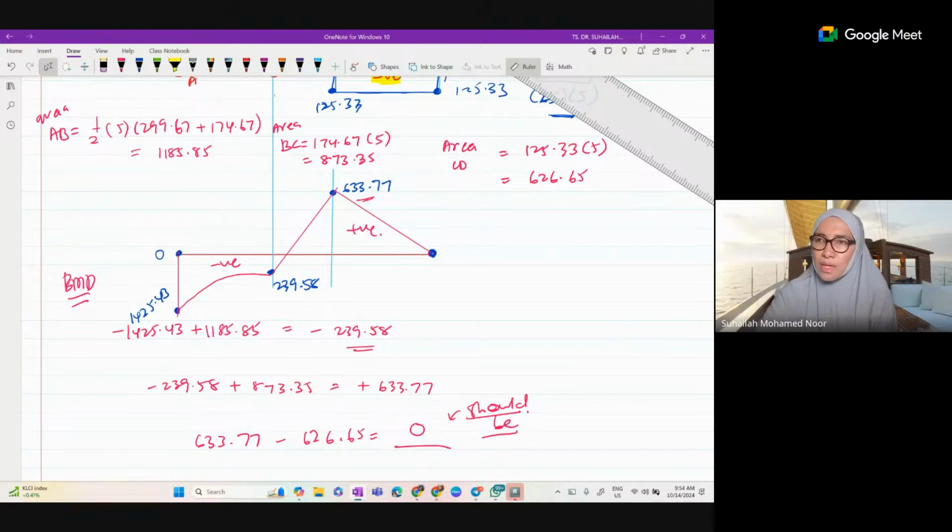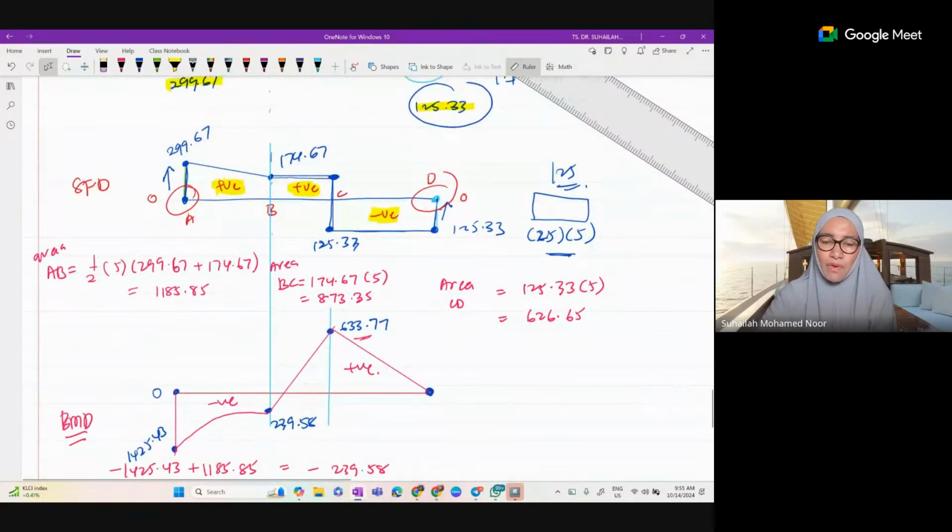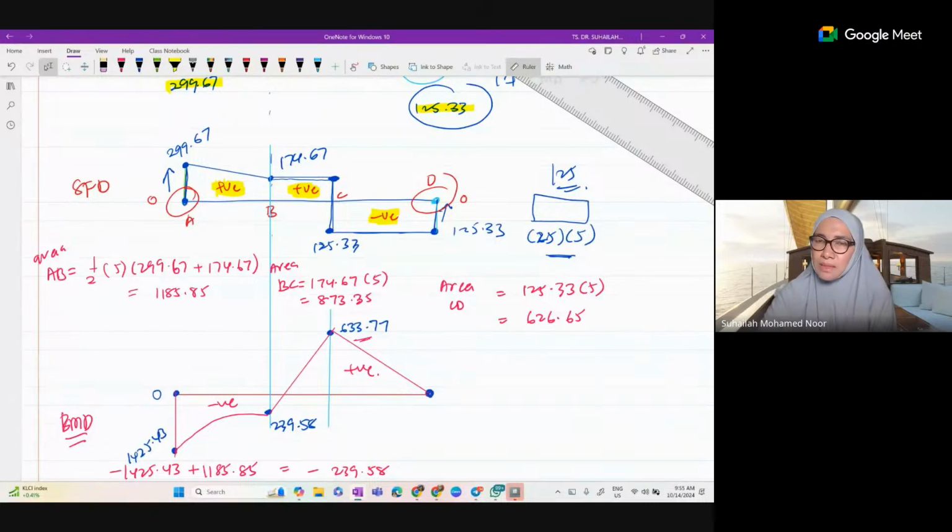Okay, this is how we draw the bending moment diagram from the area of the shear force diagram. We no longer write the moment equation; actually it is the same. The area of the shear force diagram is the same as the moment equation times X, so we get the value back. So this is the process.